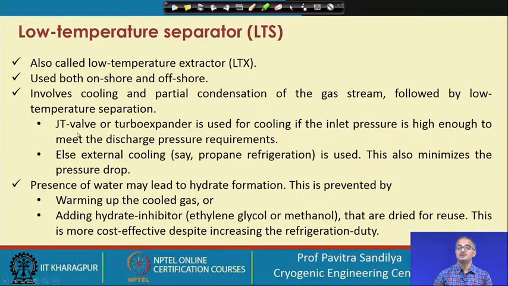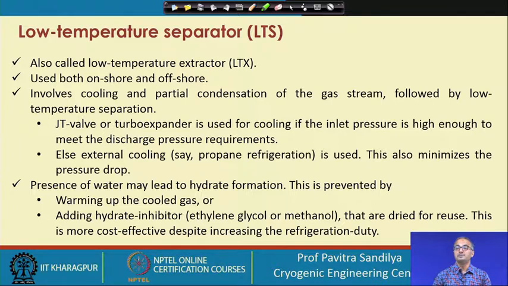Now, to achieve this low temperature, either a jetty valve or a turbo expander may be used if the inlet pressure is high enough to meet the discharge pressure requirements. That means, whenever we are using any jetty or the turbo expander, there will be a pressure drop.